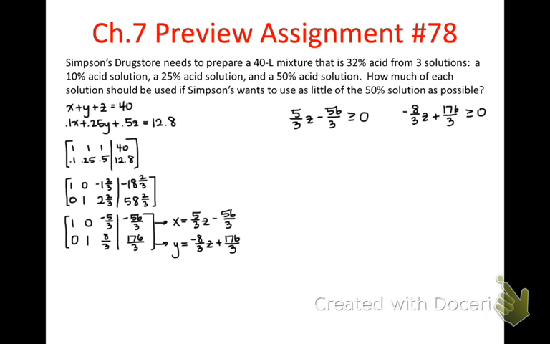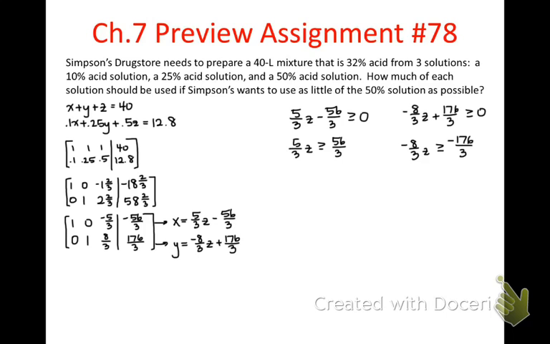So then I'm going to solve both of these inequalities to see where I'm being restricted for z. So on both of them, I'm just going to leave my z on the right or left-hand side. So I get 5/3 z is greater than or equal to 56/3 on this side. Over here, I get negative 8/3 z is greater than or equal to subtracting negative 176/3.